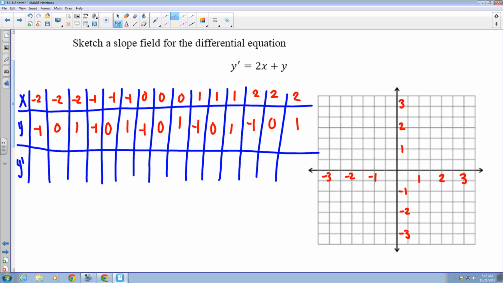So at -2, -1, that's -2 times 2 minus 1, it's -5. -2, 0 is -4.